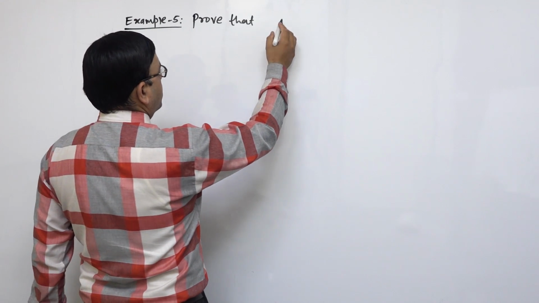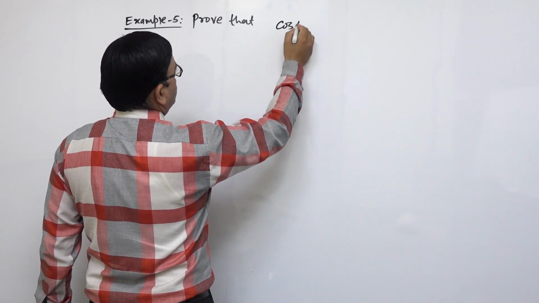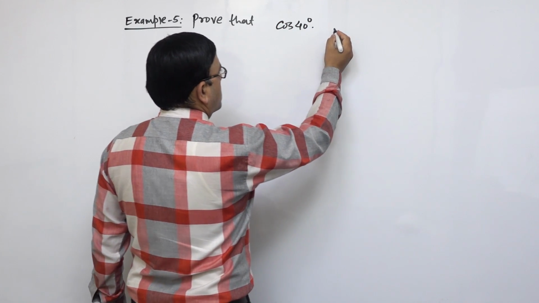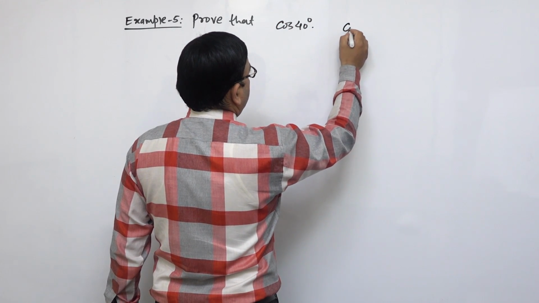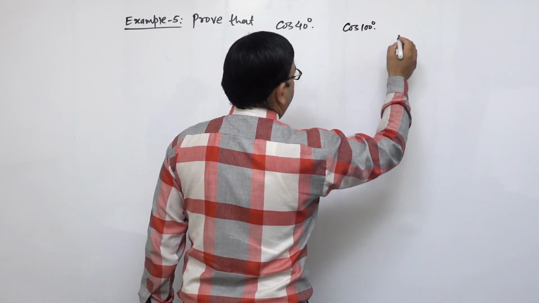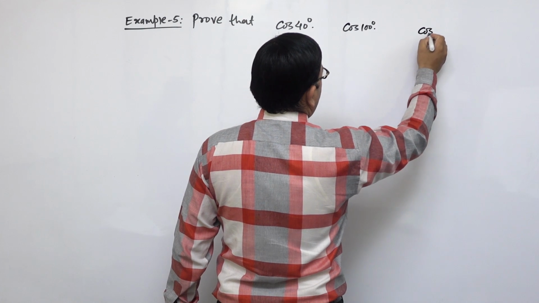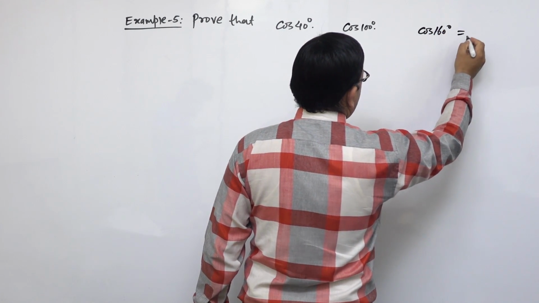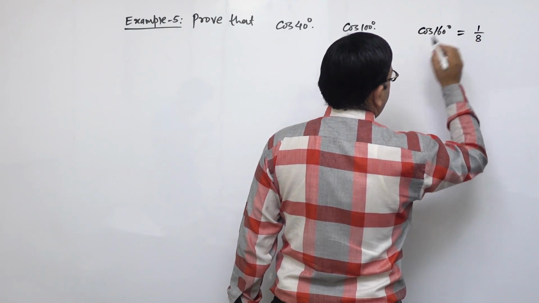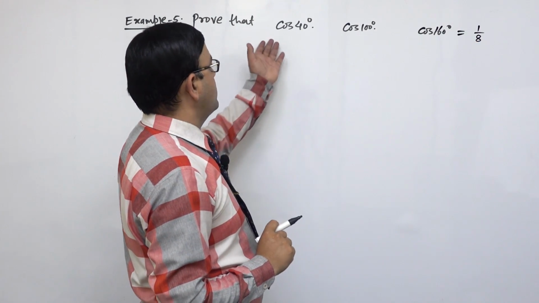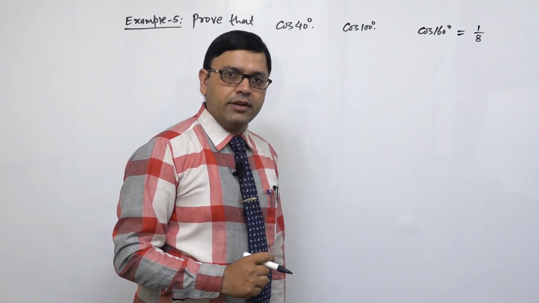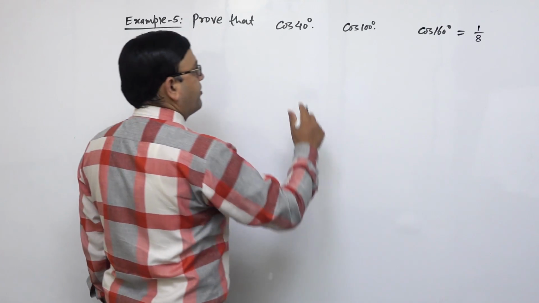Suppose cos 40 degrees, cos 100 degrees times cos 160 degrees is equal to, suppose, 1 by 8. Look, this is our question. Now we are making a little more complicated question by adding such things.